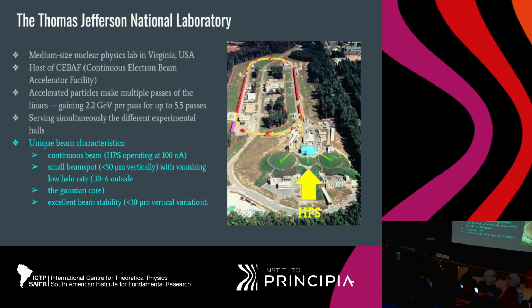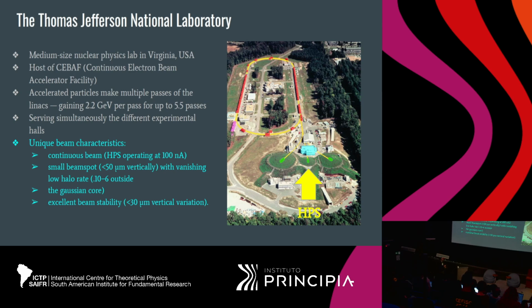As you can see, these are the rooftops of the halls. One of the particularities of this beam is that it is basically continuous. In general, particle beams have a time structure, where you have moments with the passage of particles, then nothing, then another spill of particles, and so on.